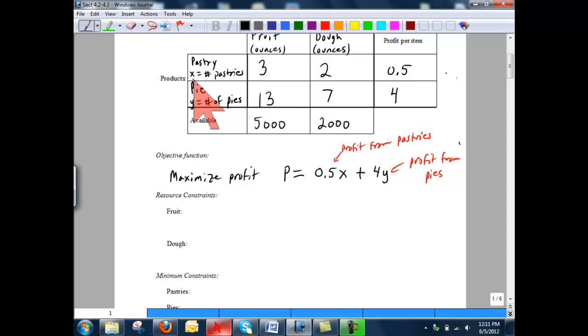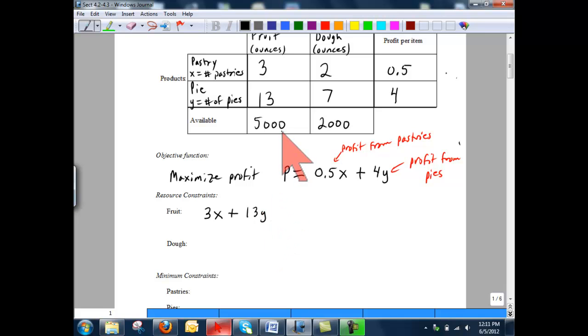So if I make X pastries in the general case at 3 ounces of fruit per pastry, I'm going to use 3x ounces of fruit in making pastries. Then I'm also going to use some fruit in making pies, 13 ounces per pie times Y pies, so 13Y.